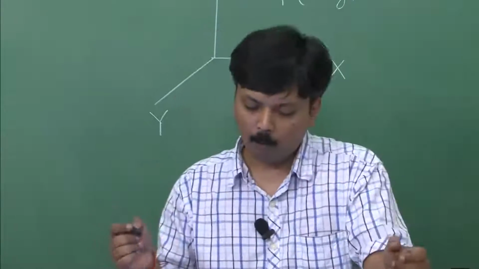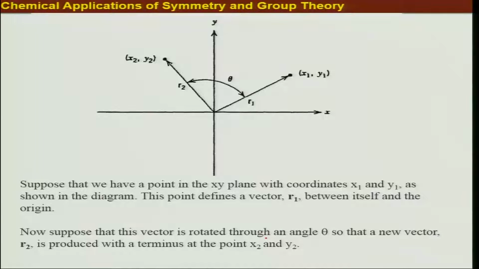So suppose we have a point in the xy plane whose coordinates are x1 and y1. That's what is shown in this particular diagram. So I have this particular point to start with. This point is described by a vector r1, and this r1 traverses the distance from this particular point to the origin, right? Now suppose that this vector is rotated. So I give a rotation like this, and the angle of rotation is theta.